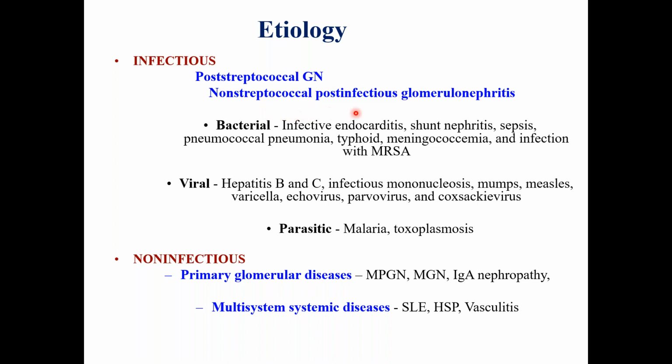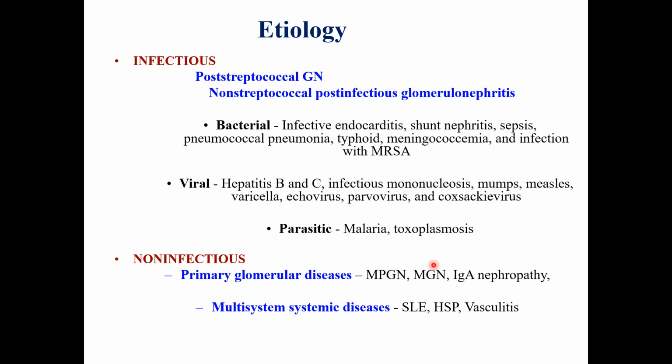Amongst the non-post-streptococcal infections, there are bacterial infections like infective endocarditis, VP shunt nephritis, sepsis, typhoid, and infection with methicillin-resistant Staph aureus; viral infections like Hep B, Hep C, IM, echo, varicella, mumps, measles, all of which can cause a post-infectious GN.